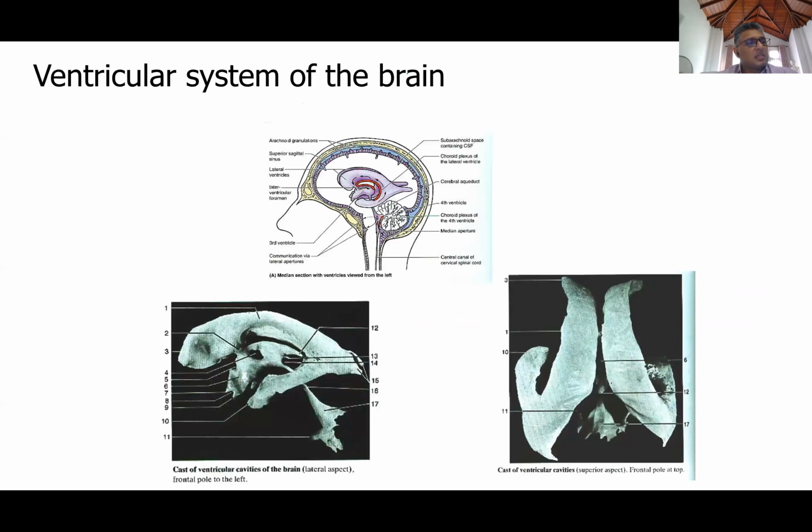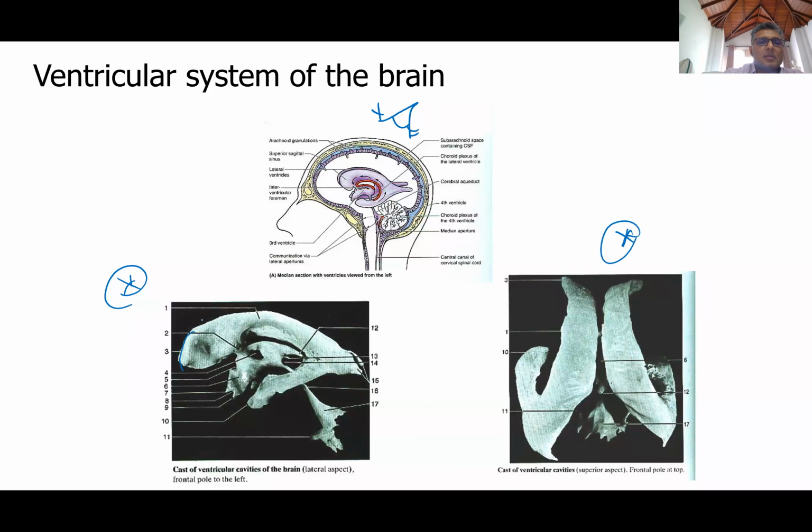Then the ventricular system of the brain. This is how you understand the ventricular system of the brain. Now, if you look from the side, this is how you see it. And if you look from above, this is how you see it. This is from the side. Now this is called the lateral ventricle.